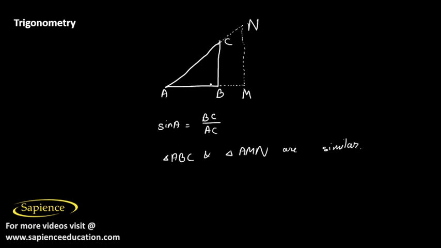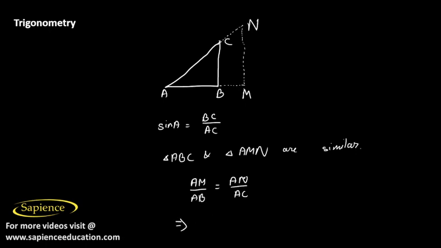They are similar triangles because they are having same angles. So if they are similar triangles, then we can say that AM by AB will be equal to AN by AC. Since they are similar, we can write it like this.